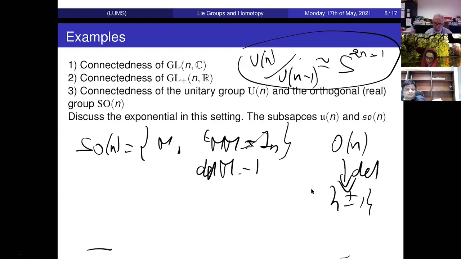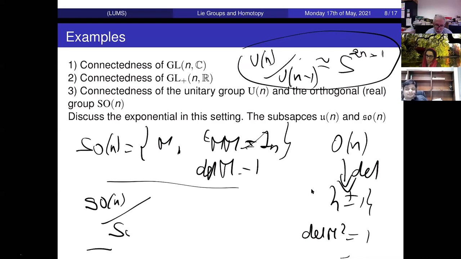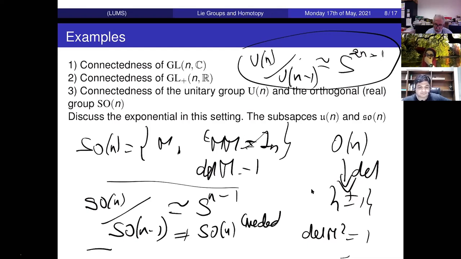If we take the determinant, we find that determinant of M square equal to 1. So we can have plus and minus 1 as determinant. If we take the determinant 1, we have something like this: SON quotient by SON minus 1 is the sphere of Rn. That means this. And an induction will give us that SON is connected.